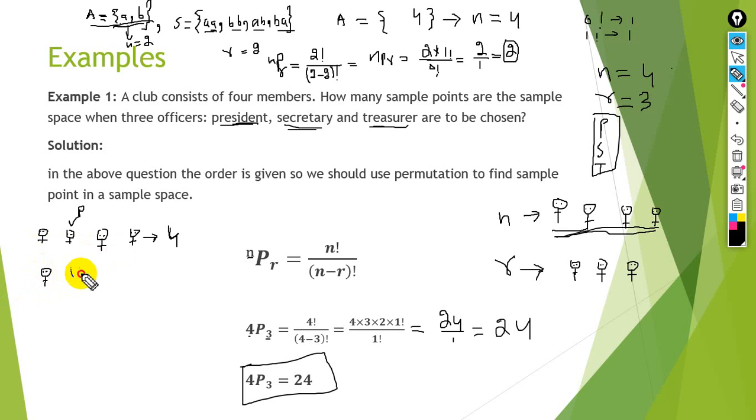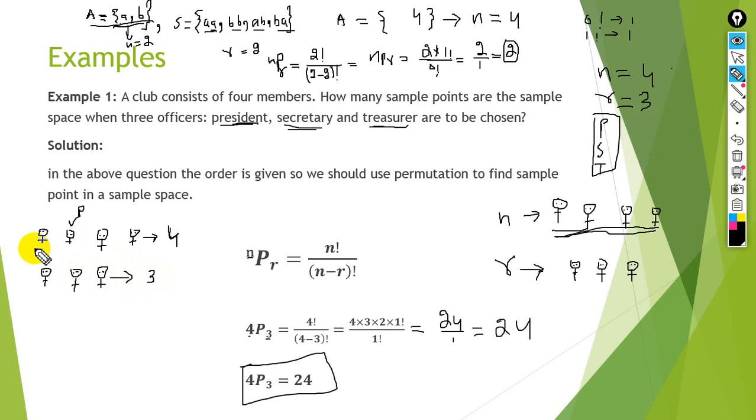Now if we want to select the secretary, from how many persons will I select the secretary? From 3 persons. Initially there were 4 persons; after we selected the president, 3 persons remain, and from these 3 we must select the secretary.